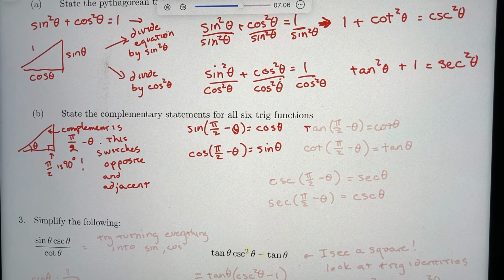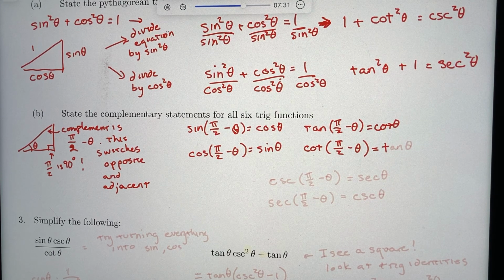Okay, tangent and cotangent go together. Because again, tangent's opposite over adjacent. You switch them, you get adjacent over opposite. And tangent of the complement is cotangent and cotangent of the complement is back to tangent.